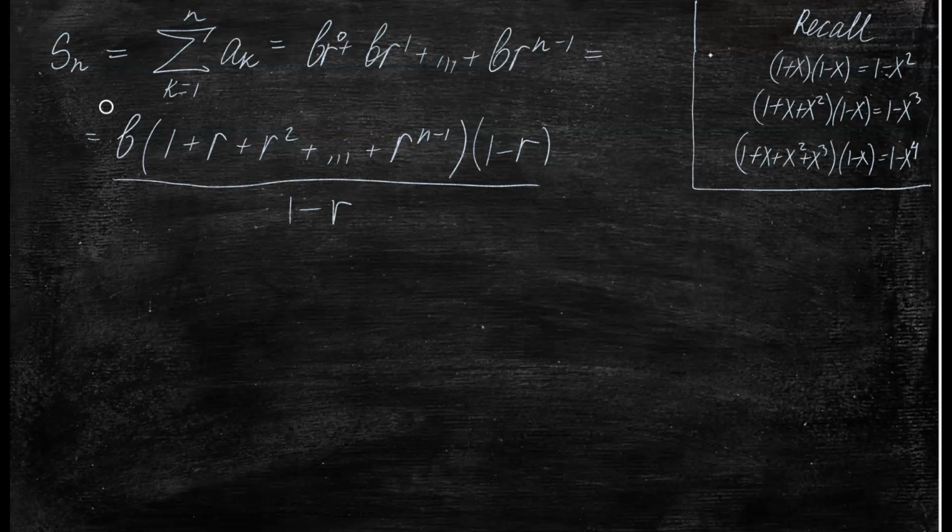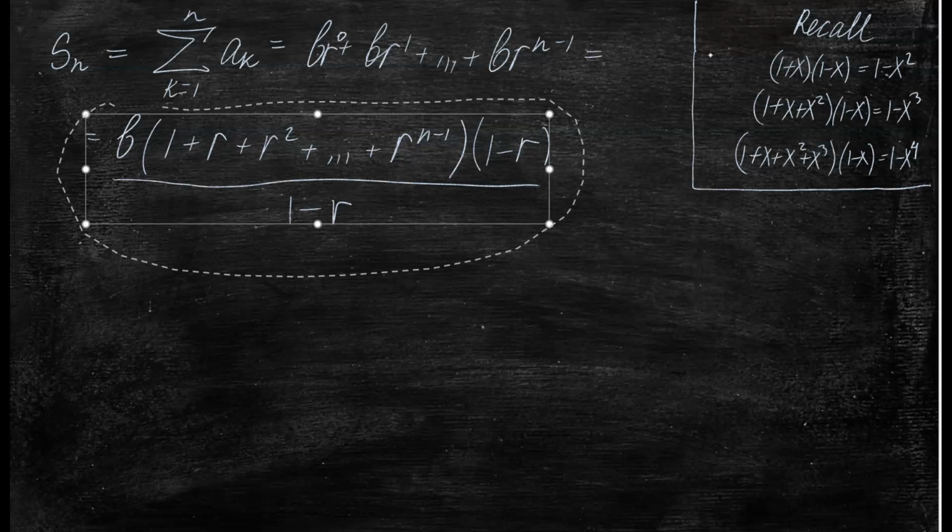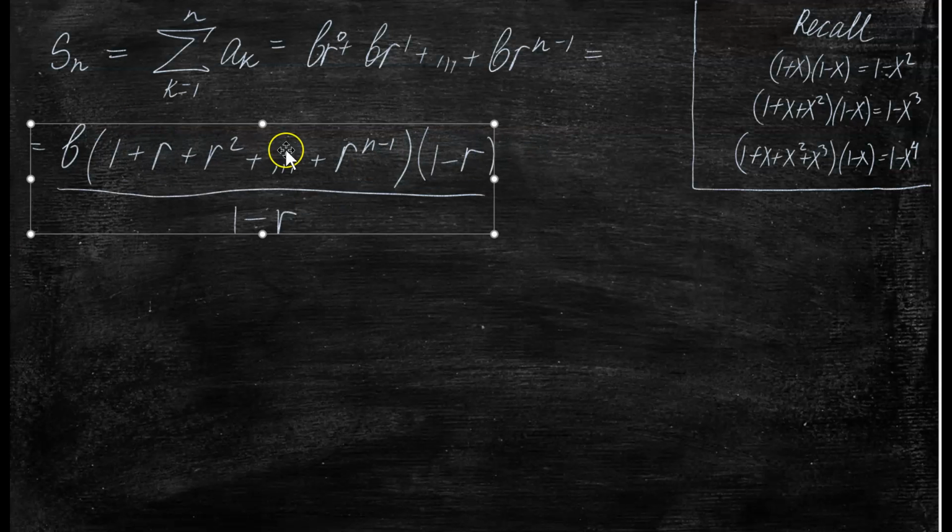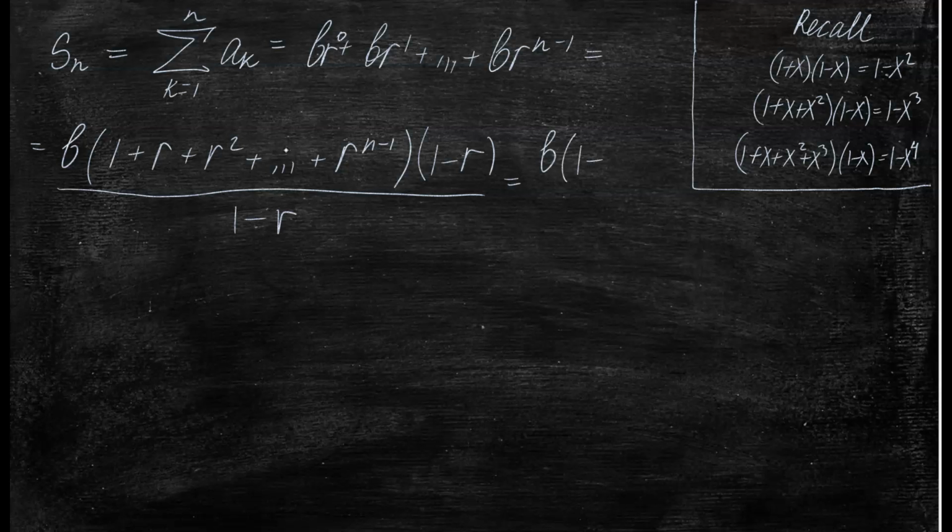And we're going to simplify the numerator using those formulas, and the numerator just becomes 1 minus r to the power n, and the denominator remains the same. So since we now have the explicit formula for the partial sum sequence, the question now is, what is the limit of the partial sum?